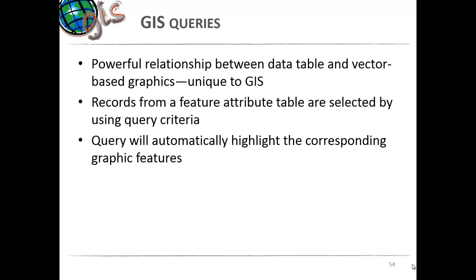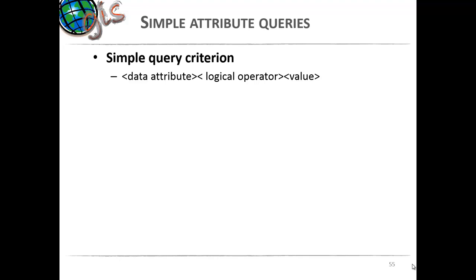So when you ask a question related to your table, the query result will be highlighted using the graphic features. We'll see how that works. A simple query criteria goes something like this: data attribute or field name, logical operator, value.